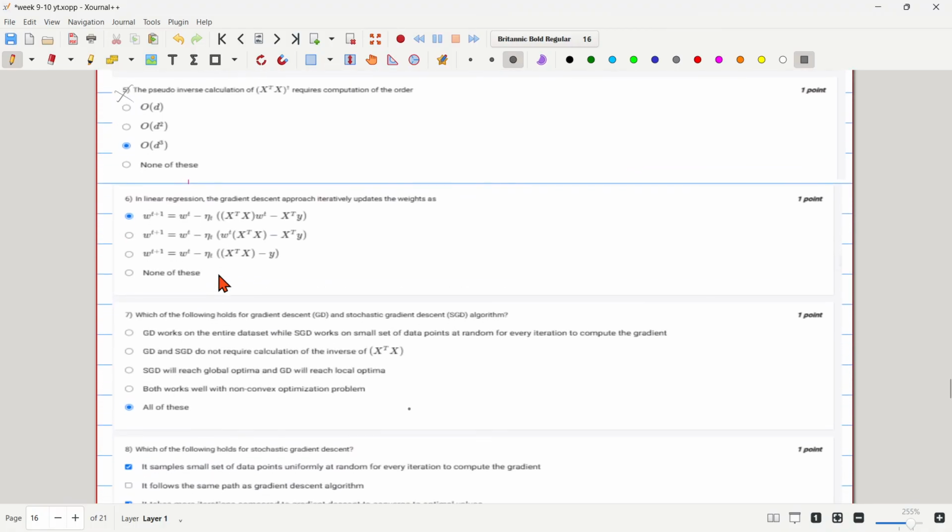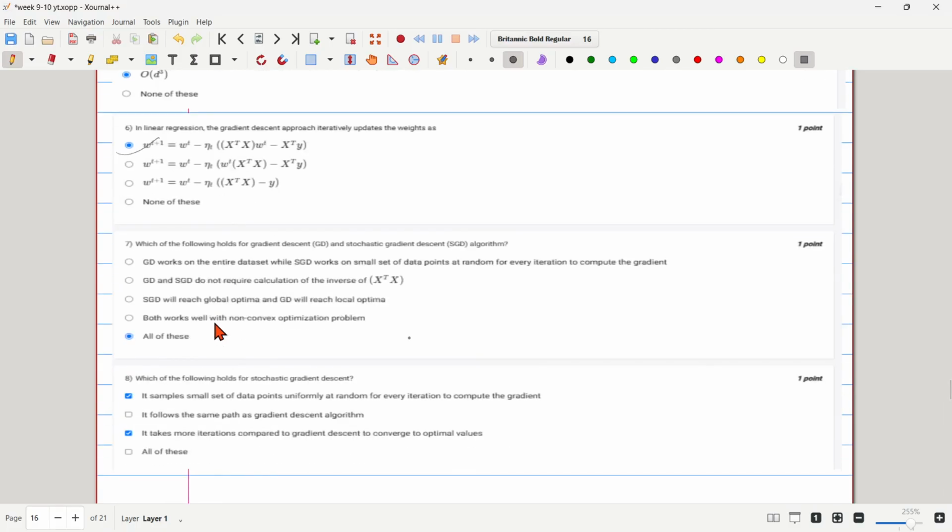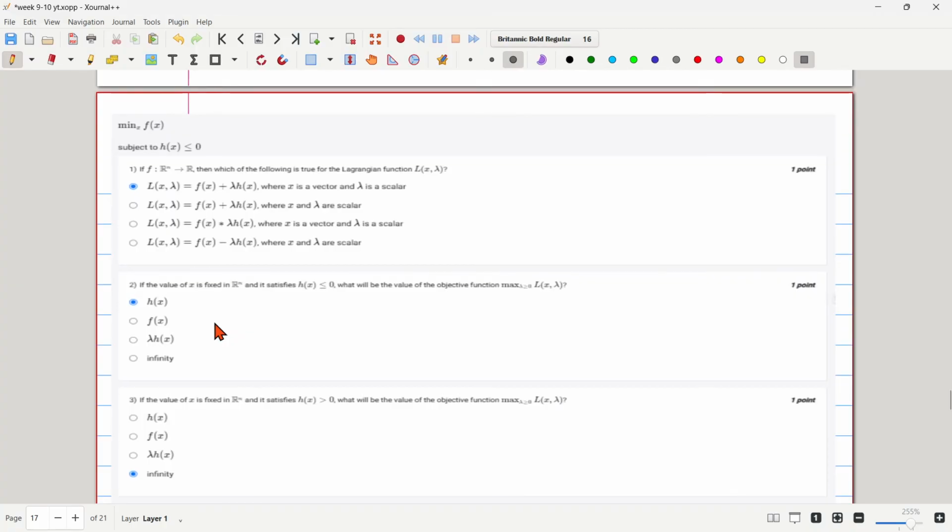It is not given in the lecture, so I don't know the solution of this. In linear regression, the gradient descent approach iteratively updates the weights as w_{t+1} is equal to w_t minus step size times the gradient of the function with respect to w. And what is the gradient? It is x transpose x w minus x transpose y. And all these are theory.